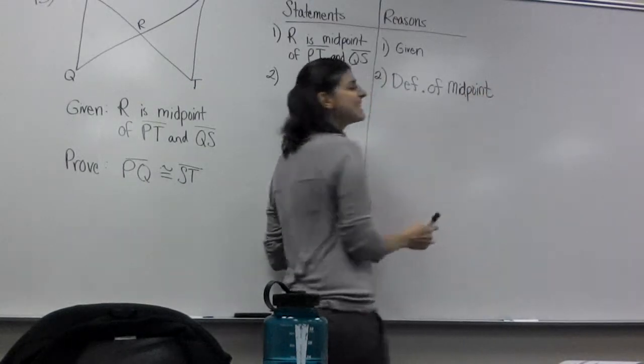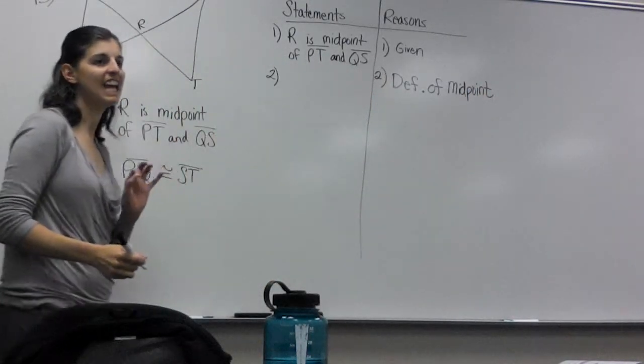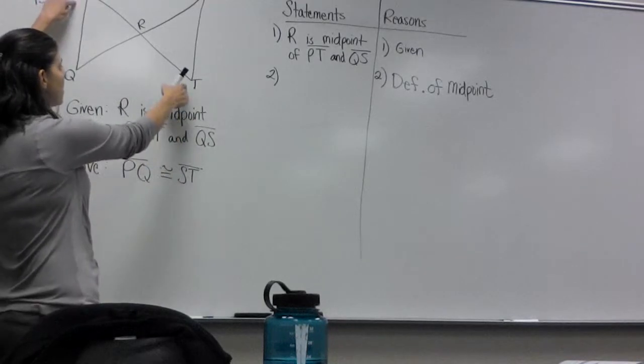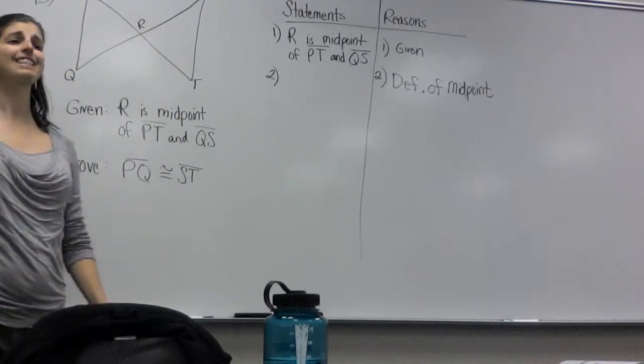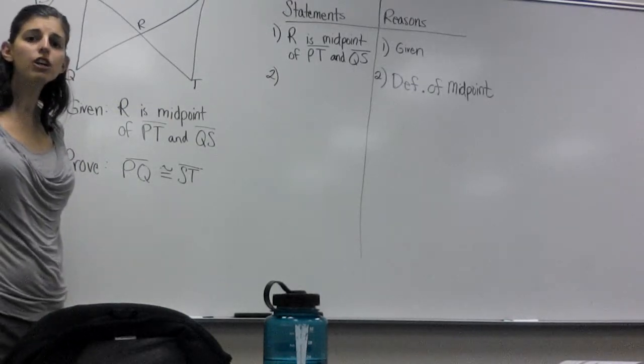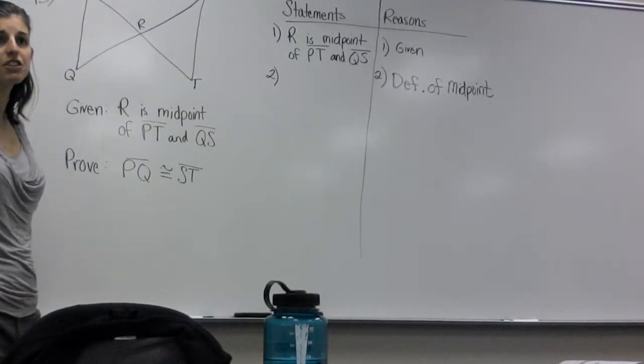Okay, so let's put the definition of a midpoint as our reason for being able to say that the long segments that have a midpoint of R are bisected, which means cut into two congruent or equal parts.